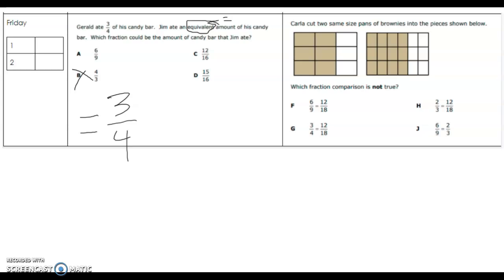So let's go ahead and compare them. So let's start with 3/4 compared to 6/9.